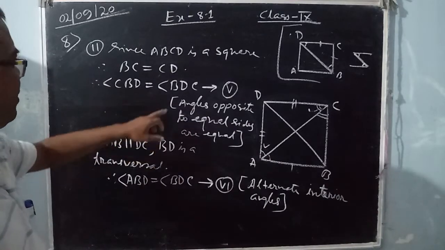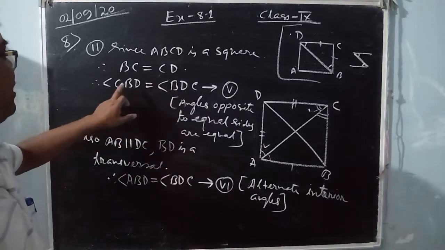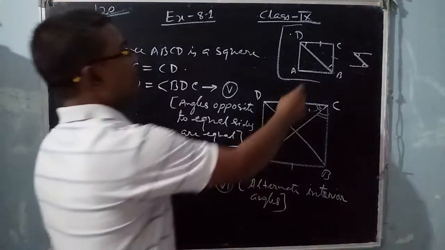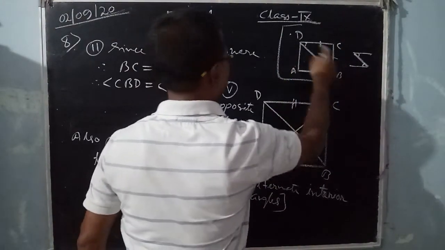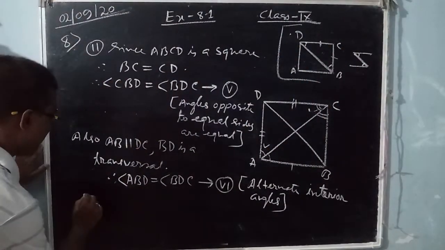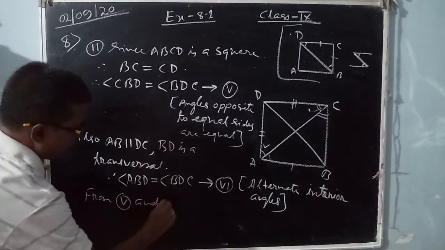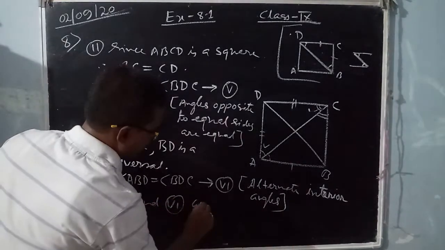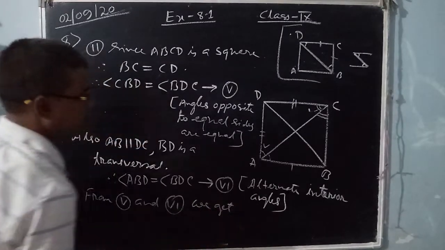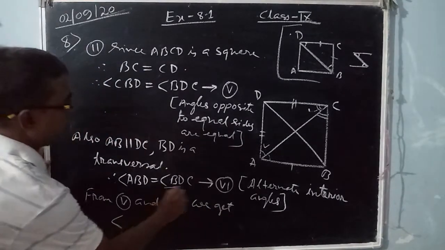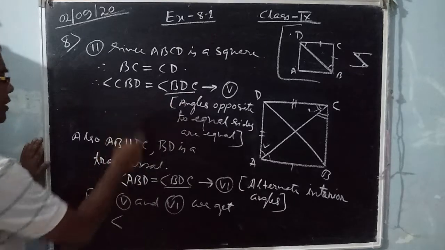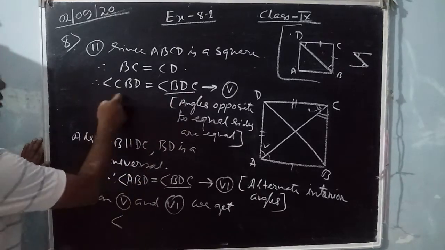So from here, BDC is the same, as a result CBD equals ABD. From 5 and 6 we get angle ABD equals angle CBD.